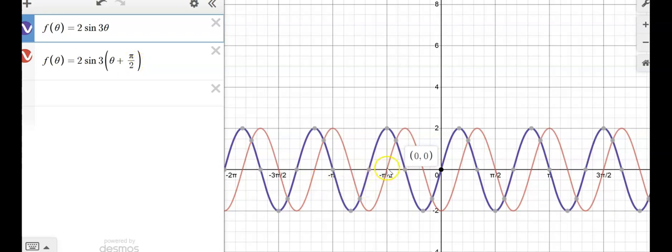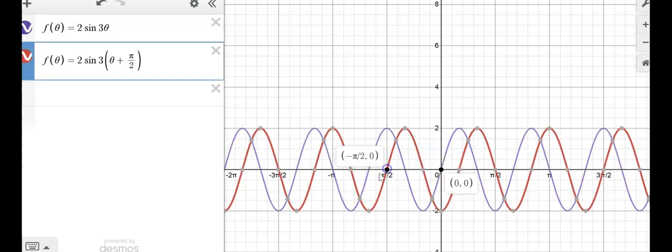So as you can see now, where the red is going down, this blue is going down at pi minus pi by 2. So the graph has shifted pi by 2 units to the left because we are doing plus pi by 2. That's all we do.